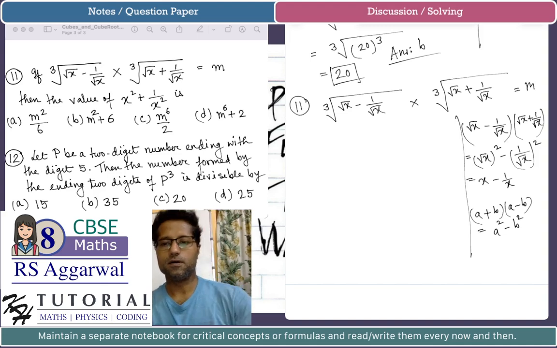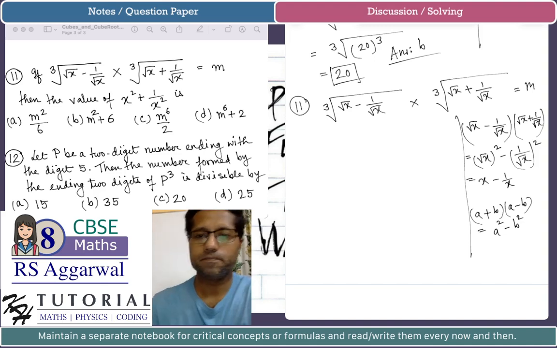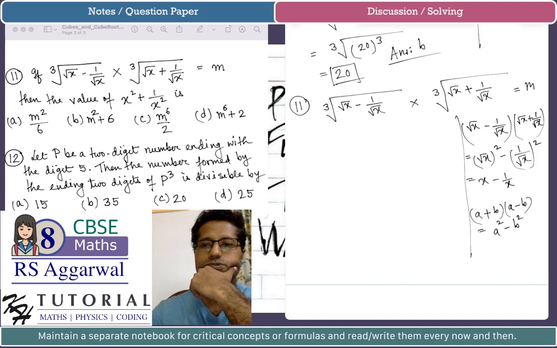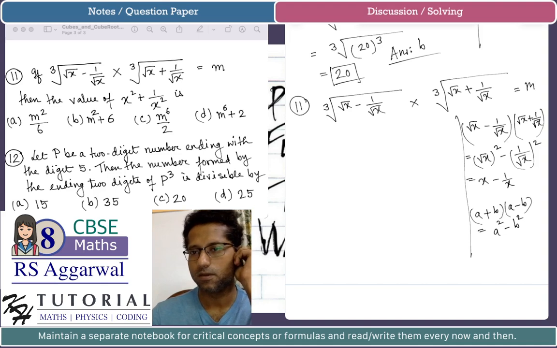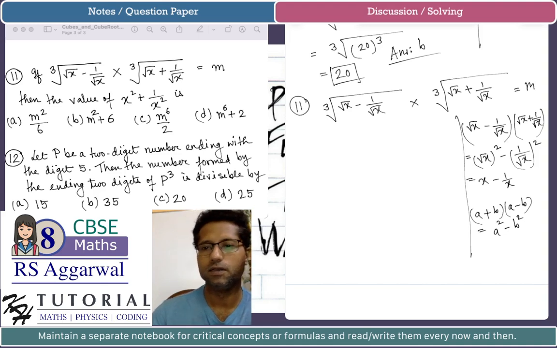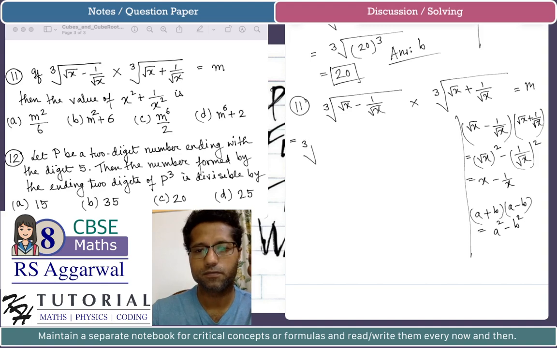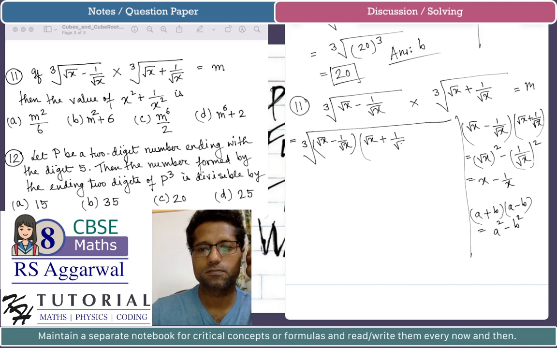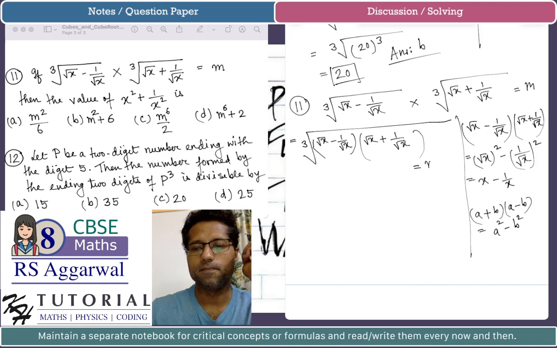Now on the left hand side it is a product of two cube roots. Since root x minus 1 by root x multiplied by root x plus 1 by root x becomes x minus 1 by x, the left hand side will be equal to the cube root of root x minus 1 by root x multiplied by root x plus 1 by root x, and on the right hand side we have m.